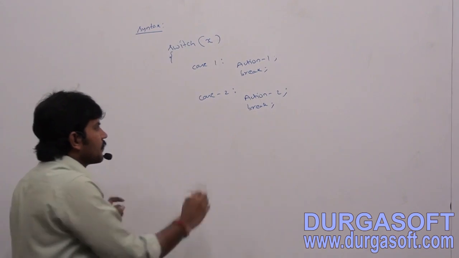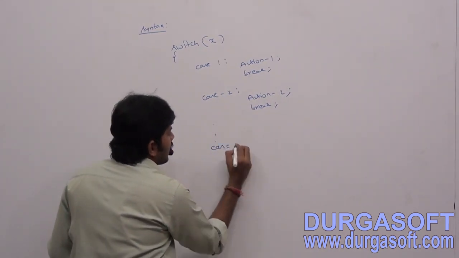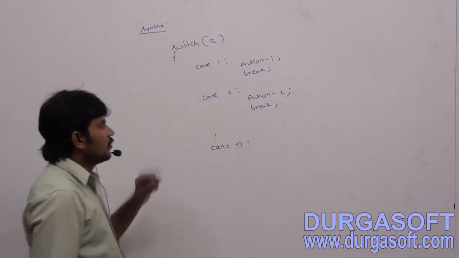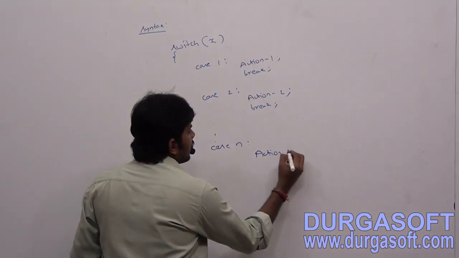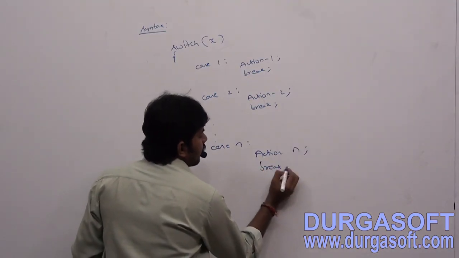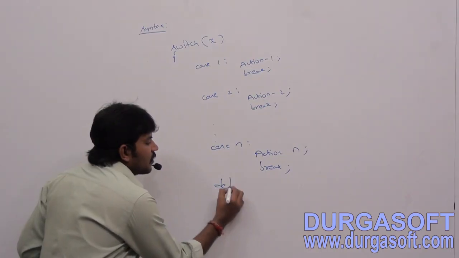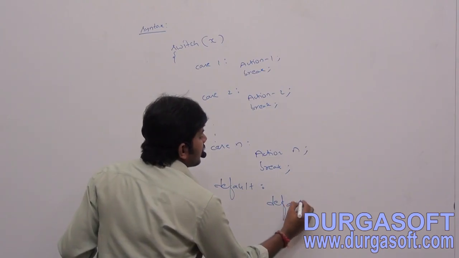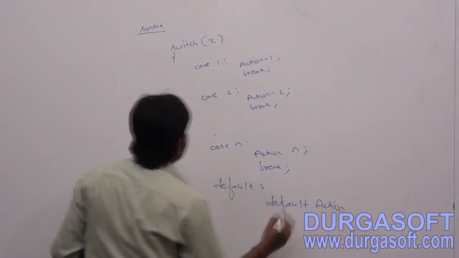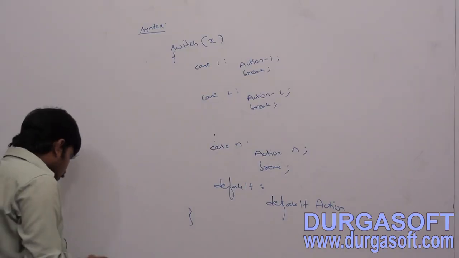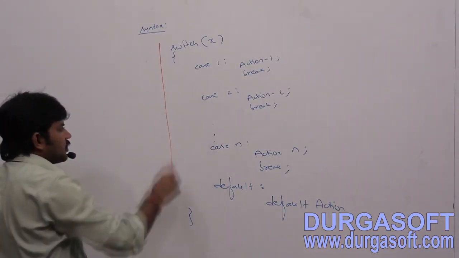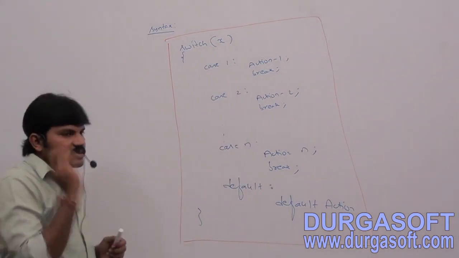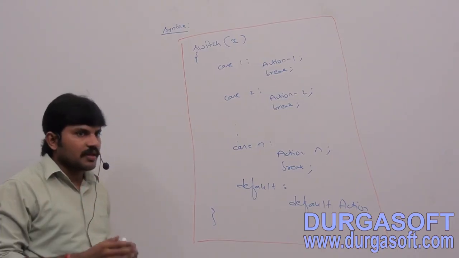Case 2: action 2, break. Case n: action n, break. Sometimes we may consider default also. Remember default: default action. Are you getting it? Simple. That is the syntax for the switch statement, and you should be aware of it. Based on this syntax, there are several loopholes, which I will discuss.